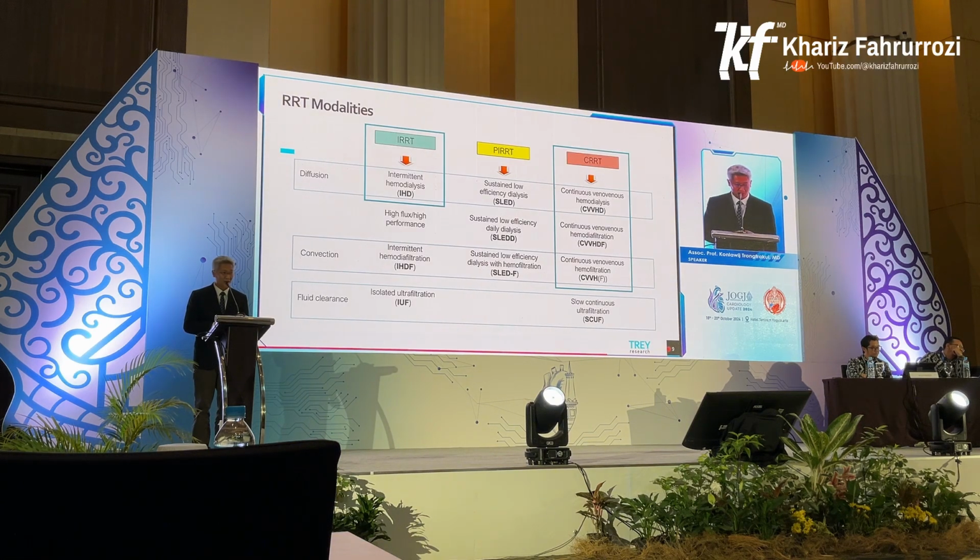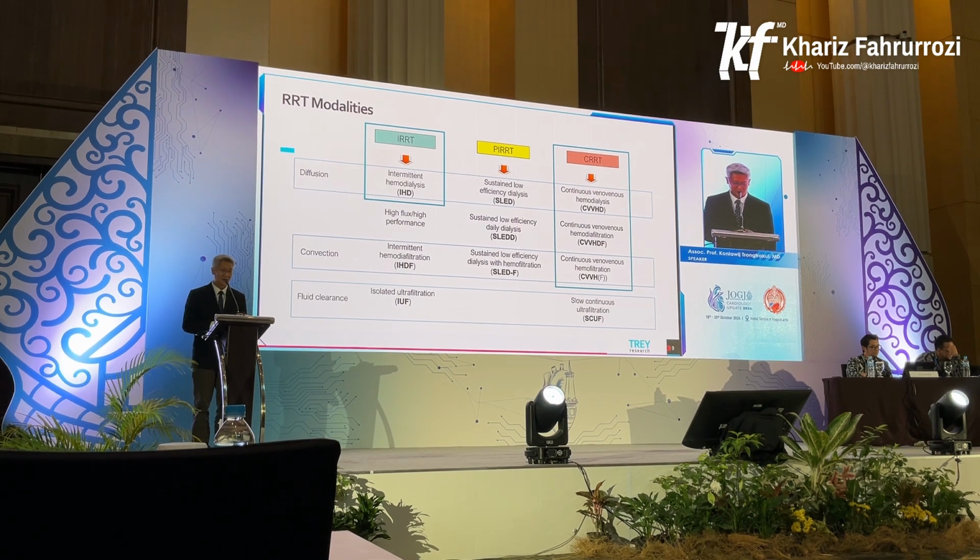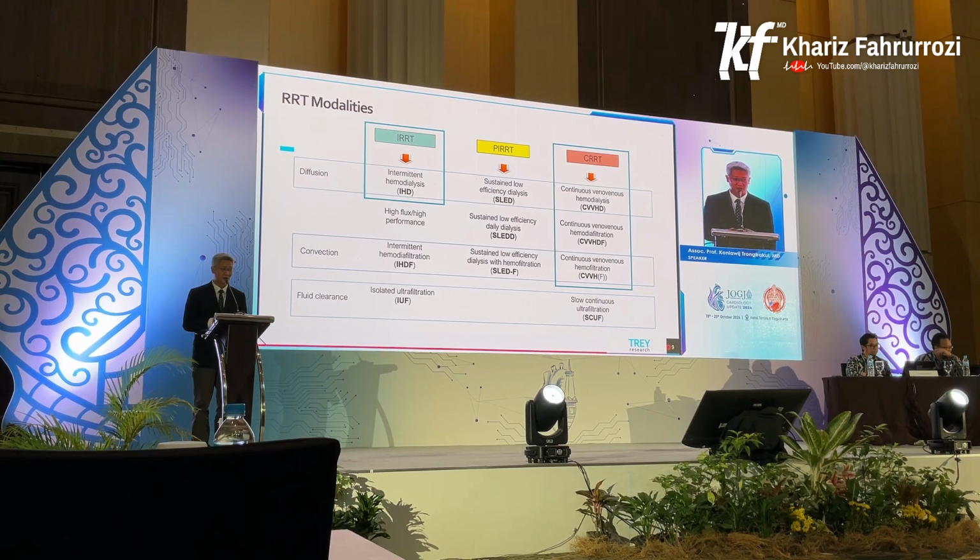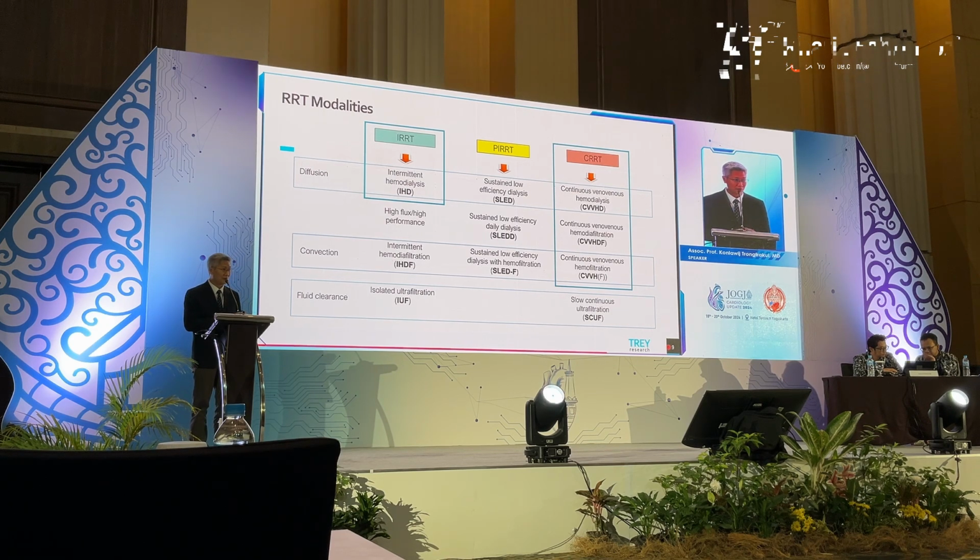This slide has quite a lot of words, and I'm not sure if you are familiar with it, but I will try to give you the shortest, easiest way. These are the most often prescribed in critical inpatients, and also in cardiac critical care. The first one is intermittent, which is quite common for hemodynamically stable patients.